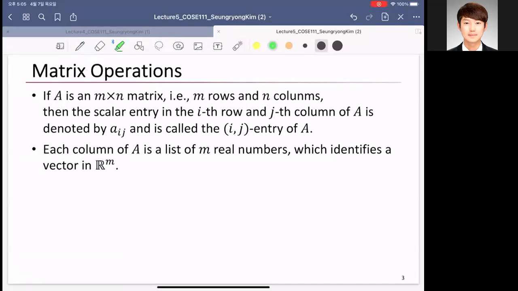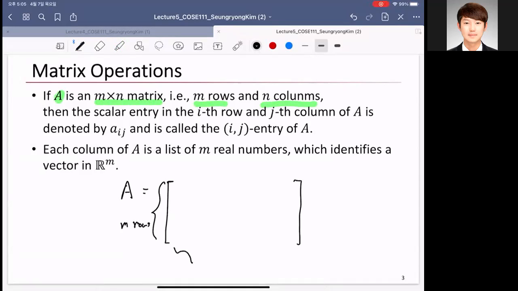If matrix A is an m by n matrix, that is, m rows and n columns, let's write my matrix A consisting of m rows and n columns.